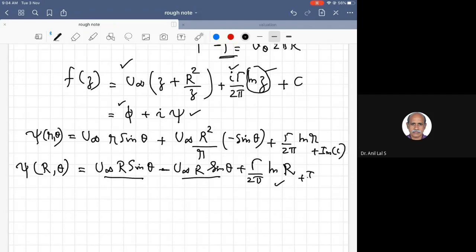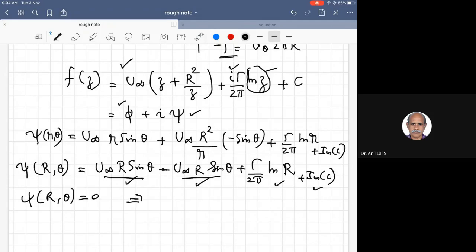So plus the imaginary part of C will come, and since these two things are cancelling each other, we can obtain an imaginary part of C such that psi of r theta is equal to 0.